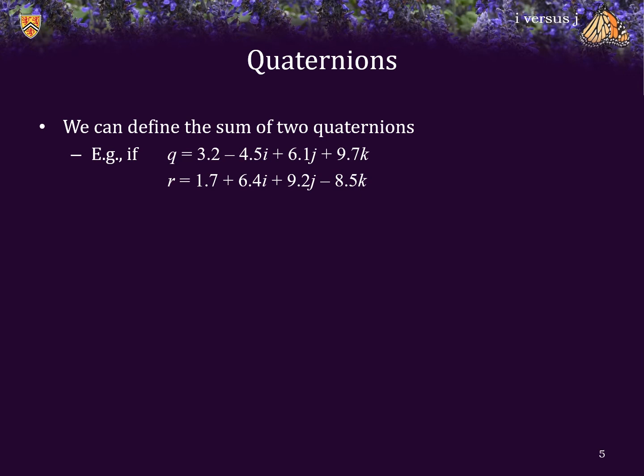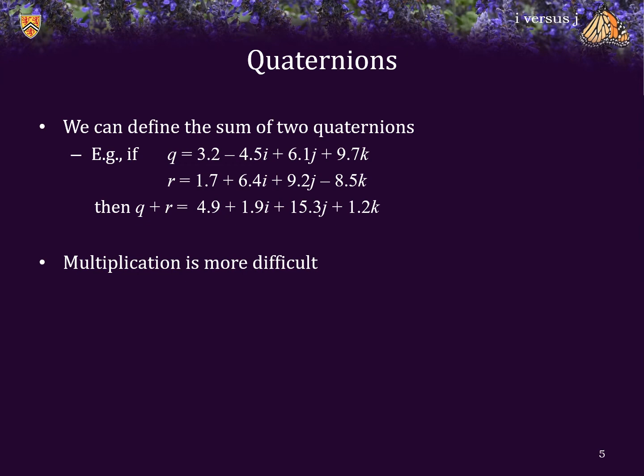Here we have two quaternions, q and r, and suppose we add them together. Well, we would just add the real parts together. That is 3.2 plus 1.7. Then we would add the coefficients of i and multiply the result by i, add the coefficients of j, and add the coefficients of k. So the sum of these two quaternions would be this quaternion here.